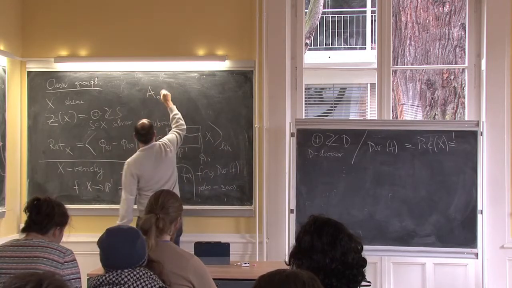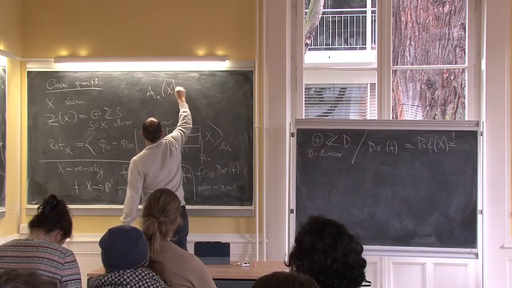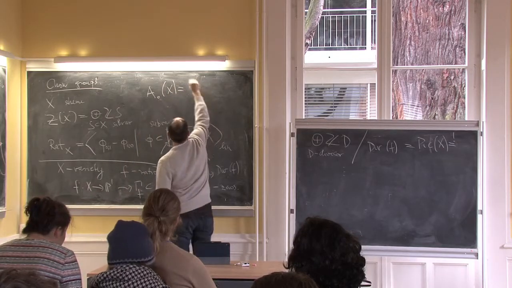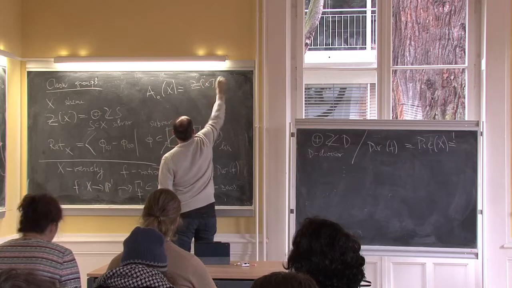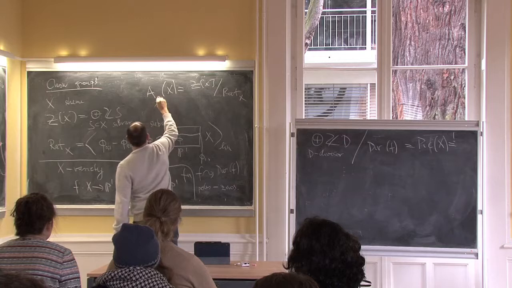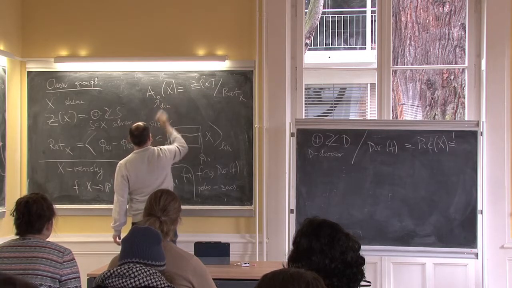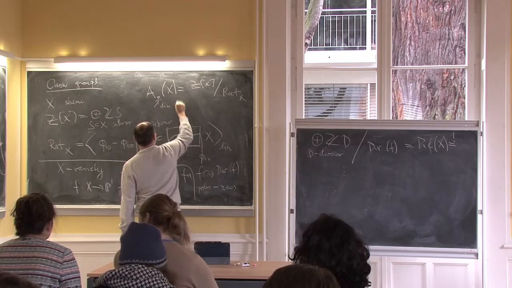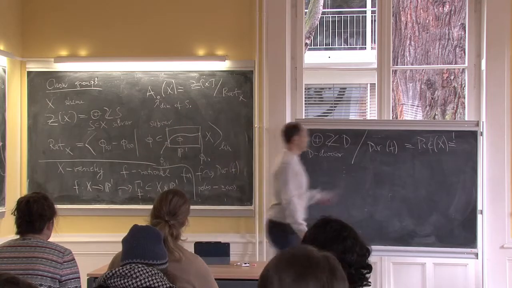So the Chow group of X is Z X by this rational equivalence, and this is graded by the dimension of the subvariety. I explained this last time.